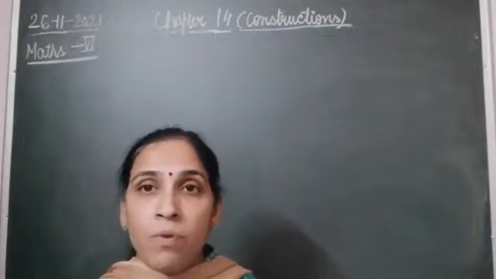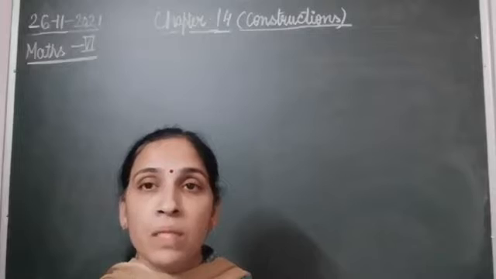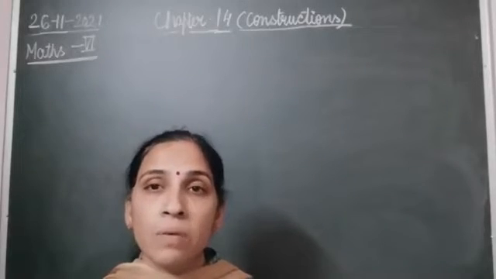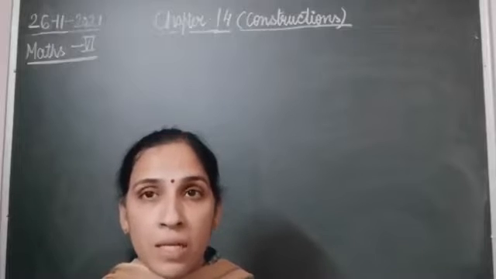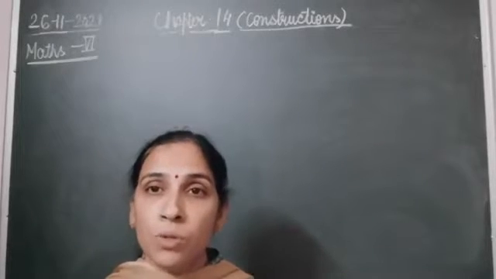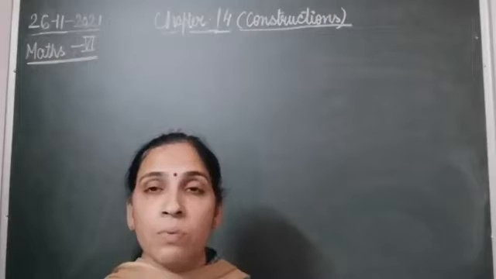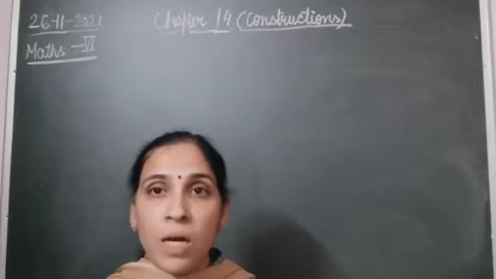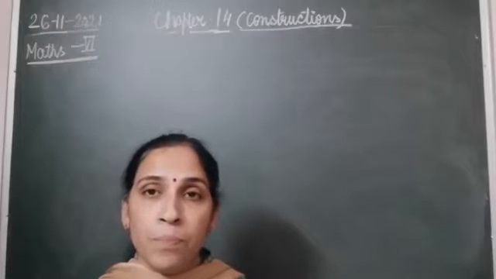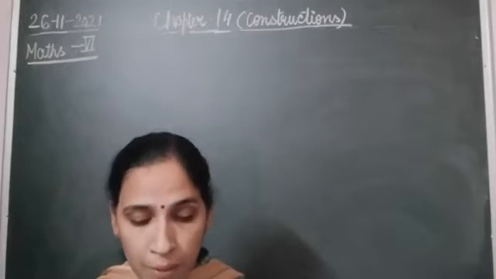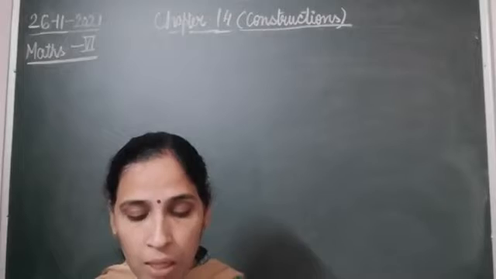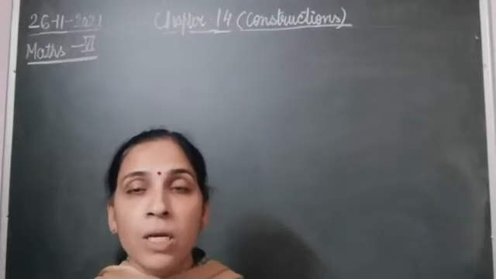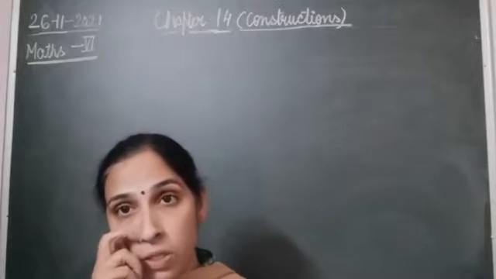For example, if you have been given a line segment, and you need to draw a perpendicular bisector which divides that line segment into two equal halves, then how are we going to do this construction and how to write the steps of construction.